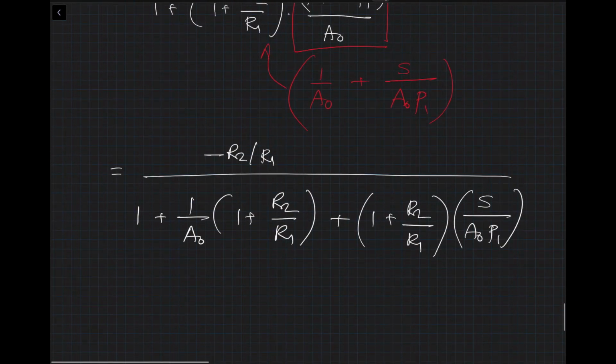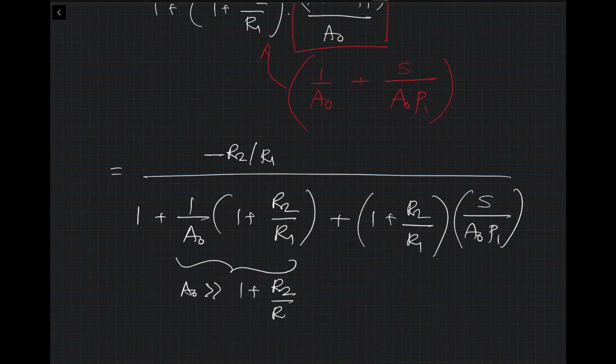Now I'm going to say that the DC gain A0 is pretty large. So A0 is much greater than 1 plus R2 divided by R1. And then I can ignore this particular term first.